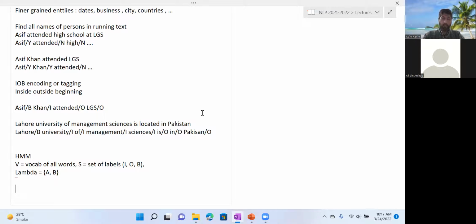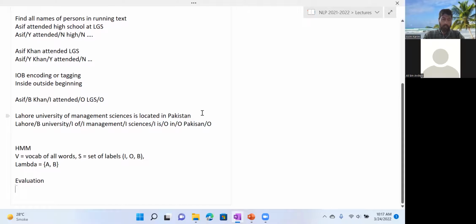So you can perform evaluation at word level, which is intuitive because we are doing sequence labeling and labeling each word. This is the same as POS tagging, which also has word level evaluation. So you can compute accuracy, precision, recall, F1 measure, and so on.